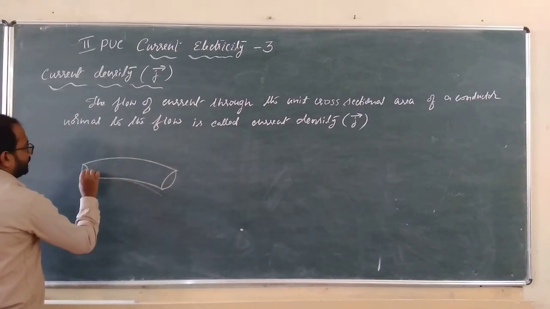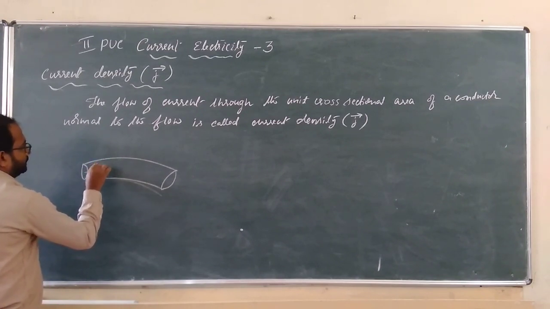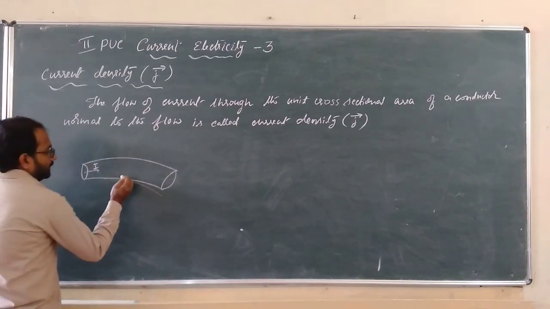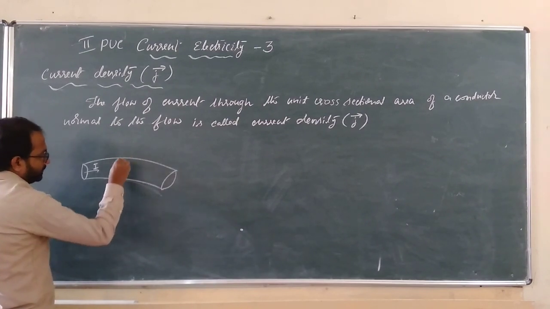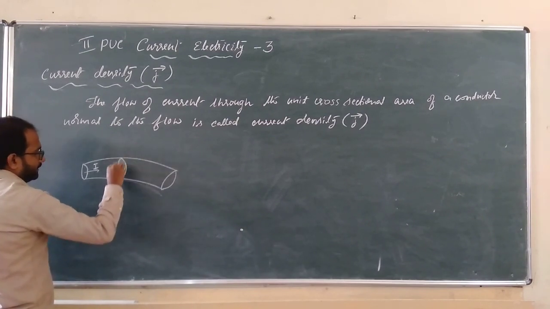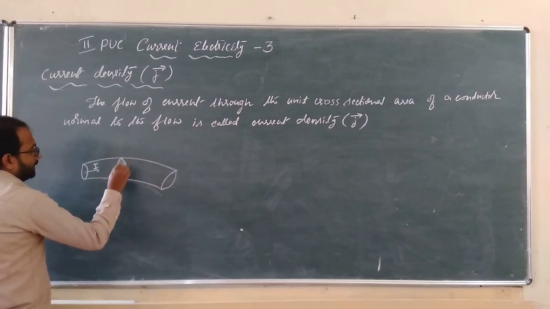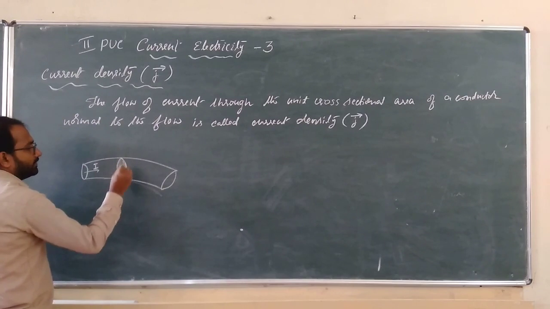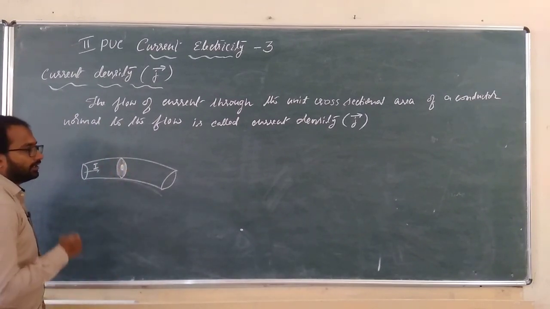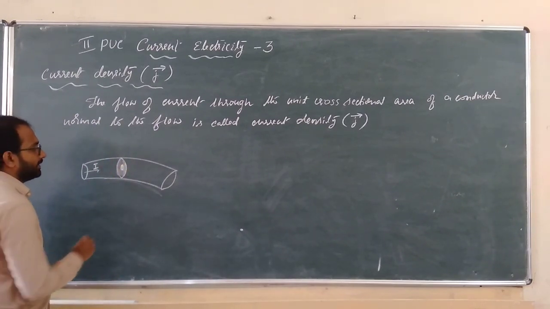Say this is a conductor. Our current is flowing, I. Okay, so here say I consider a cross sectional area inside the conductor. Now here if I consider the unit cross sectional area, say this is unit cross sectional area. Unit cross sectional area means the area is equal to 1 meter square.